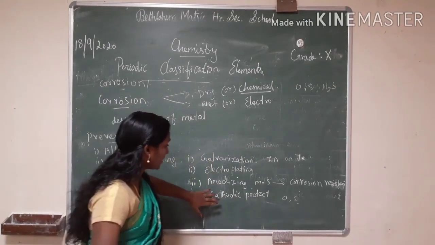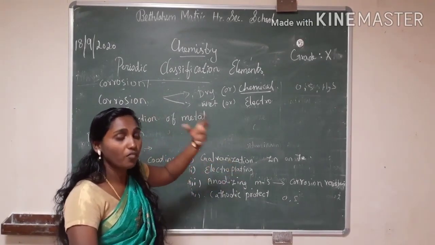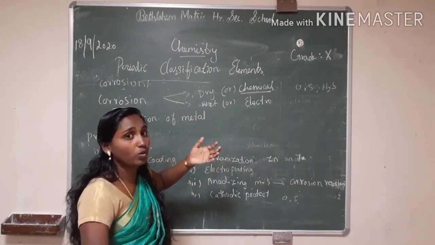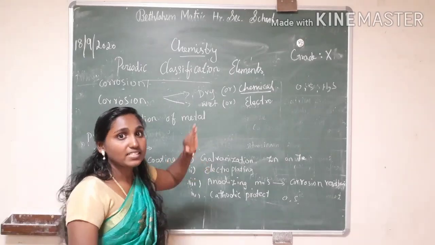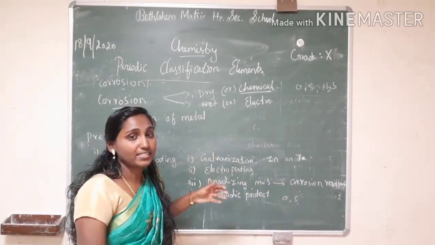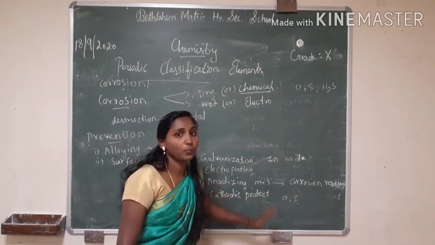When we coat one metal over another metal, the coating is an easily corrodible metal, and that acts as a sacrificial metal. That is called cathodic protection.